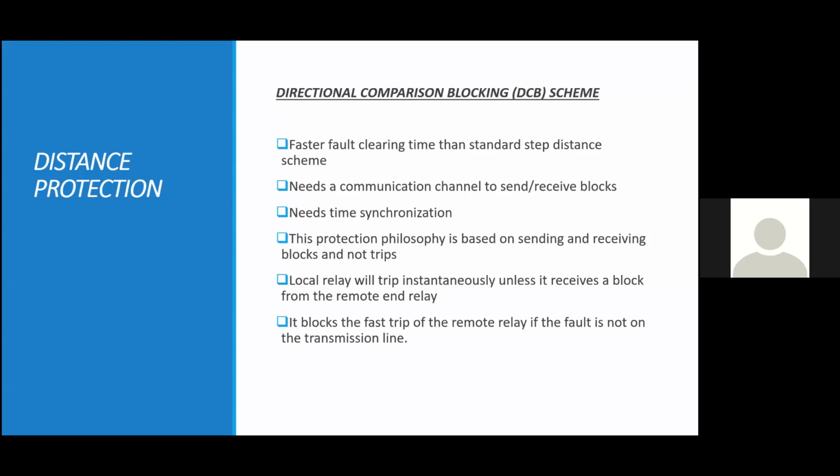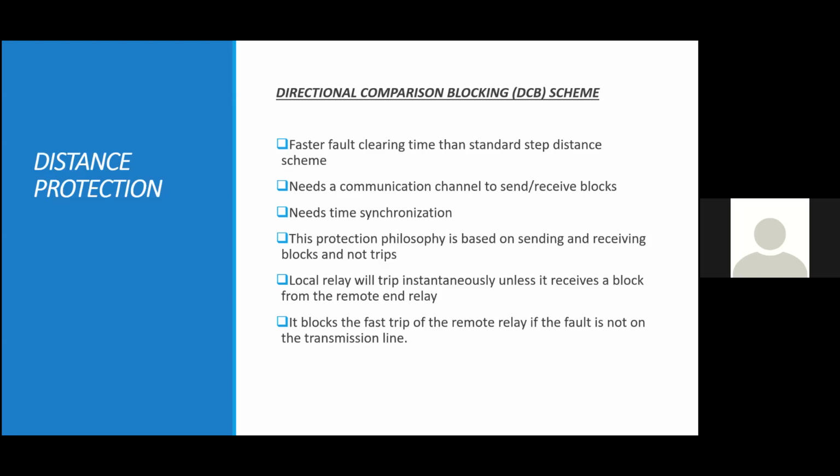So now we are going to be discussing the directional comparison blocking scheme, which is a communication channel based protection scheme of the transmission line. When you compare this scheme with the standard step distance, this has faster fault clearing times.